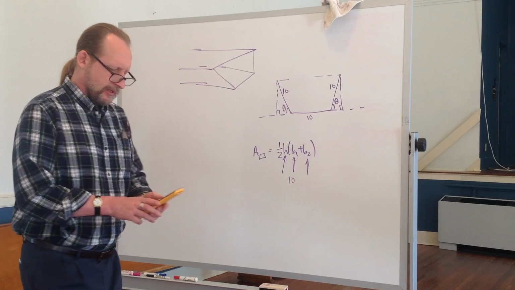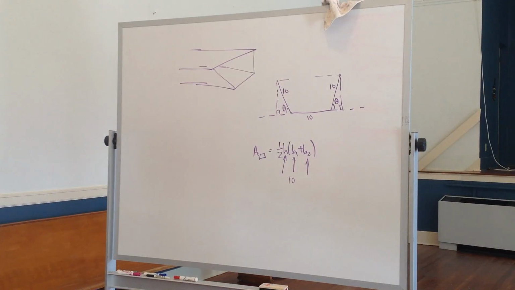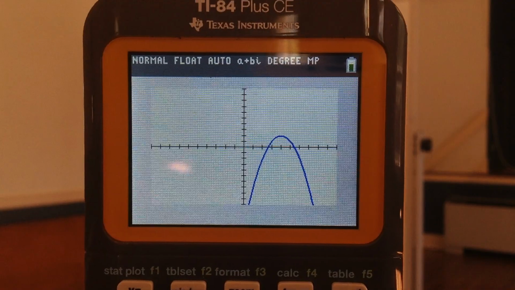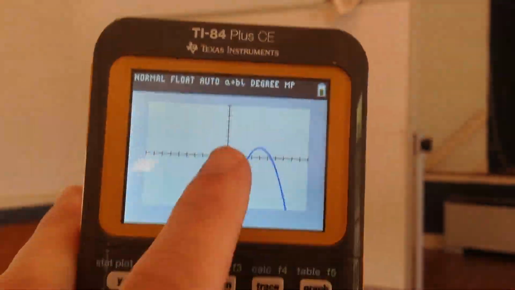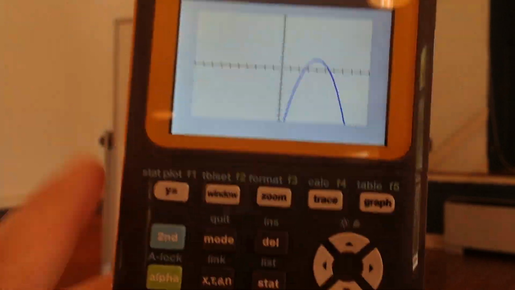Let's see what that looks like. Okay, so there's the graph. If we want to find that maximum point, right, which is right up here, there's that maximum point.